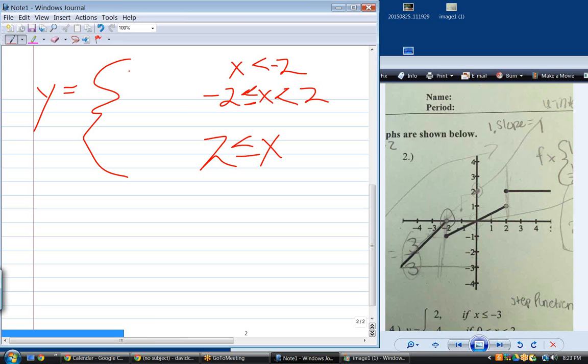So the formula is going to be y equals x plus whatever its y-intercept would be, right? Now, it's a little dangerous to just extend that line and hope that it goes through 2. So there's a more precise way of figuring it out. I can see that the value for y is 0 when x is minus 2. Therefore, that would have to be 2. And that is the function of the left segment.